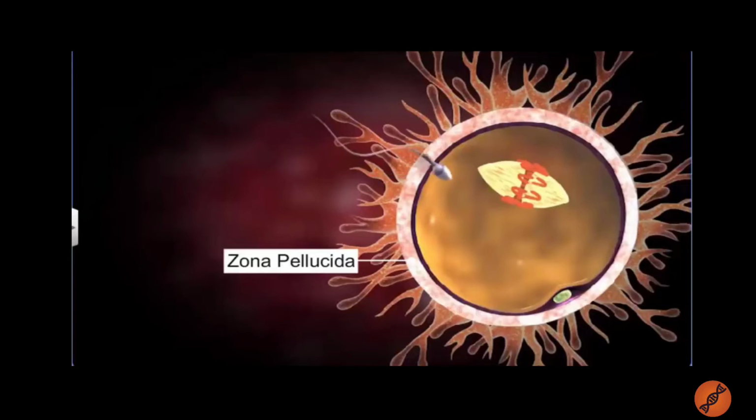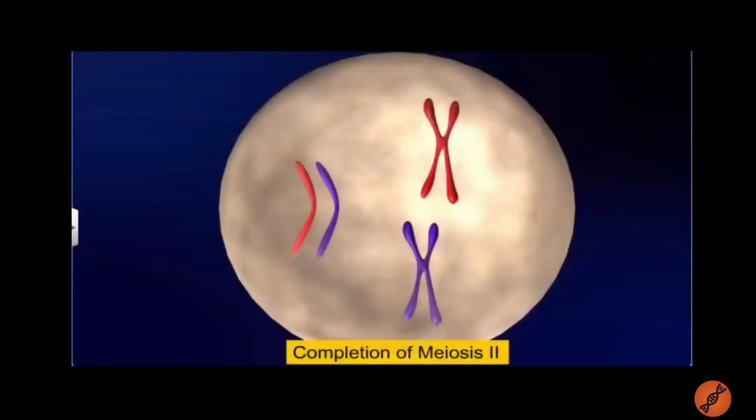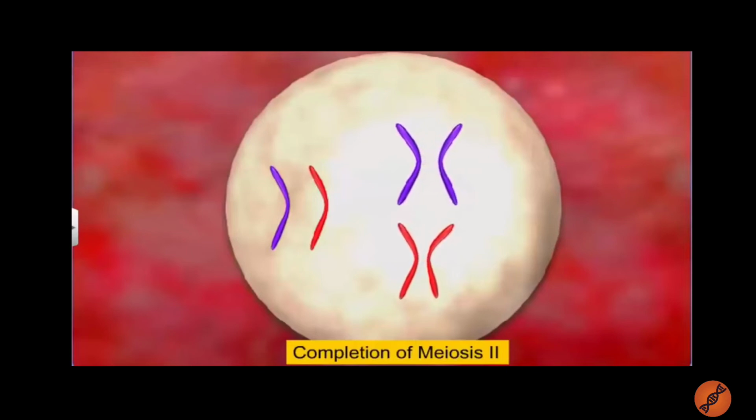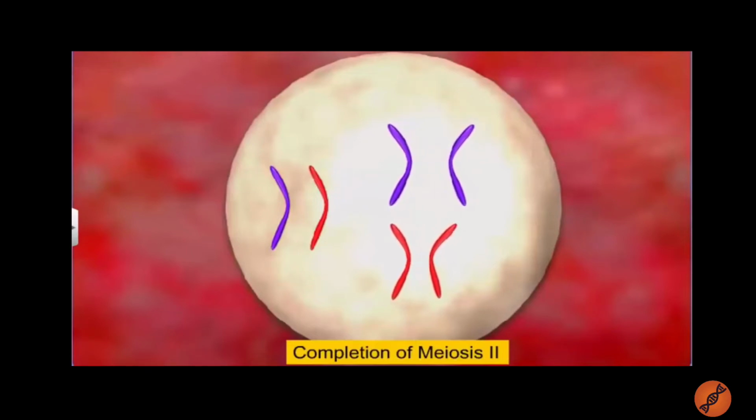After gaining entry through the zona pellucida, the acrosome present over the sperm's nucleus starts secreting enzymes that aid the sperm head to get through the ovum's cytoplasm, while the sperm sheds its tail. The fertilized egg now resumes the remaining phases of the second meiotic division.